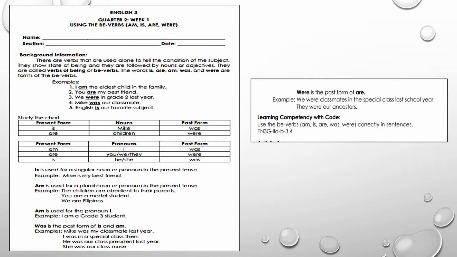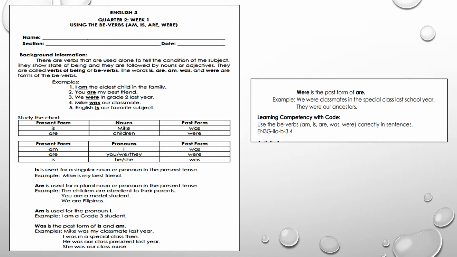It happened in the previous time. So if you look at the words is and are, they are both in the present form of our chart. So it means that is and are should be used in a present form. It is presently being used.